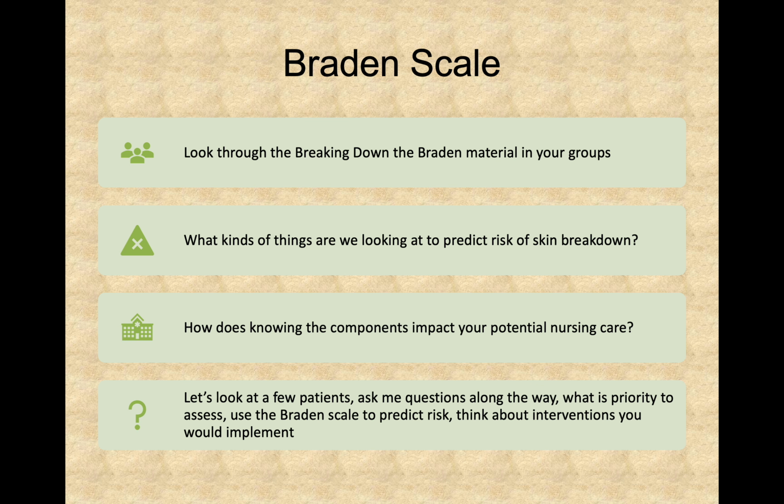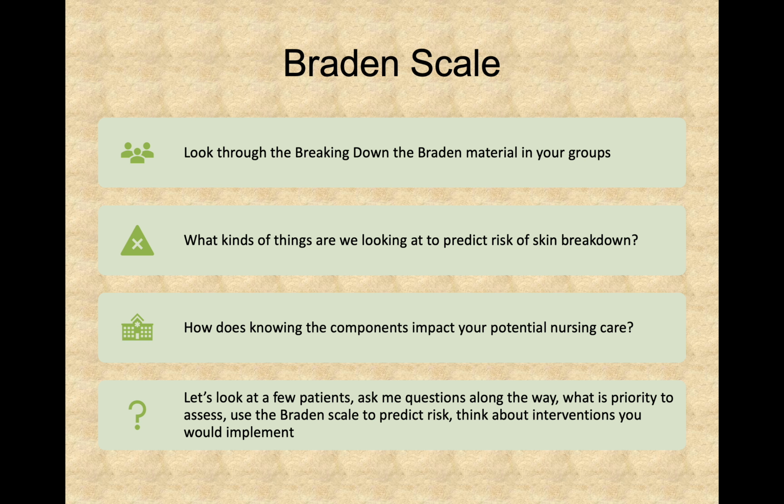Another factor on the Braden scale is moisture. How often or how long is the skin exposed to moisture? Because the longer that the skin is in contact with moisture, the more likely it is to develop breakdown. Another category on the Braden scale is activity, like how active is this patient? Are they bedridden?